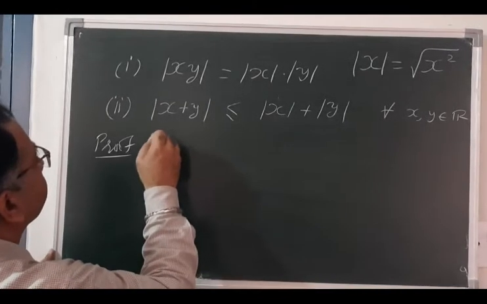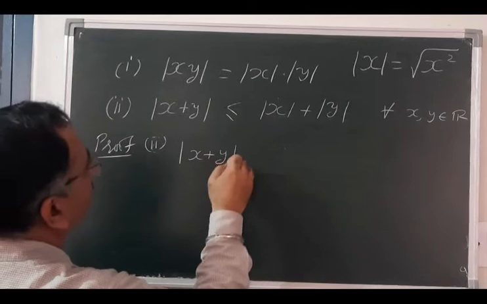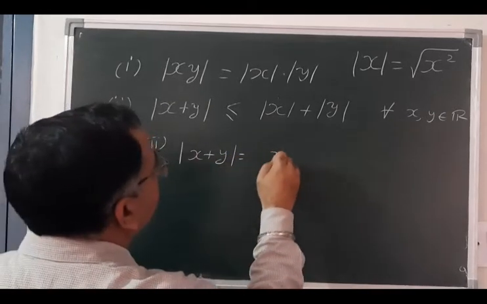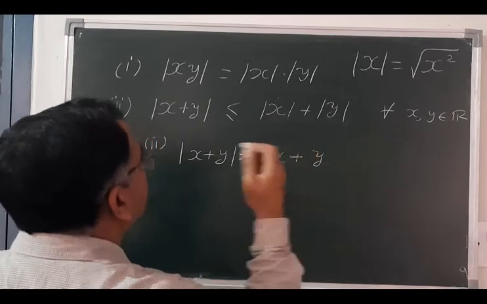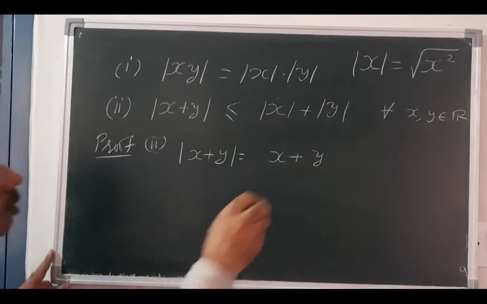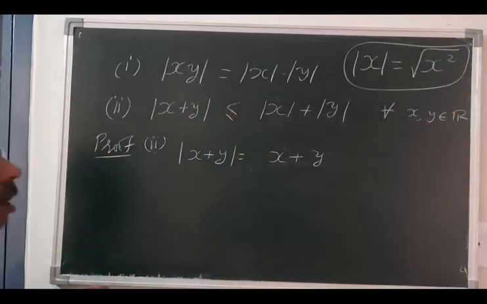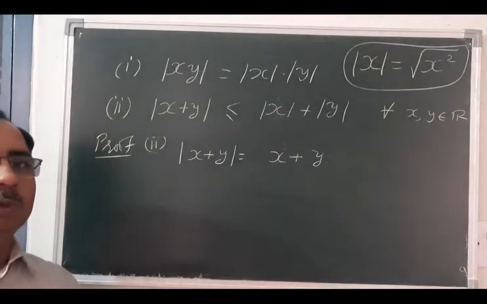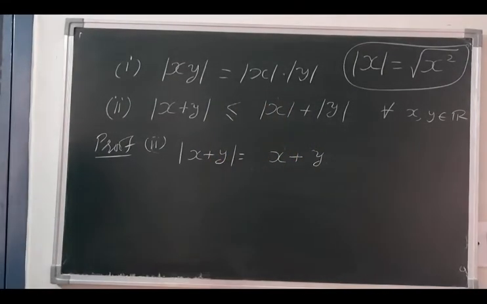So second, mod of x plus y. From this equation, if you square both sides, you will see that mod x squared is the same thing as x squared.